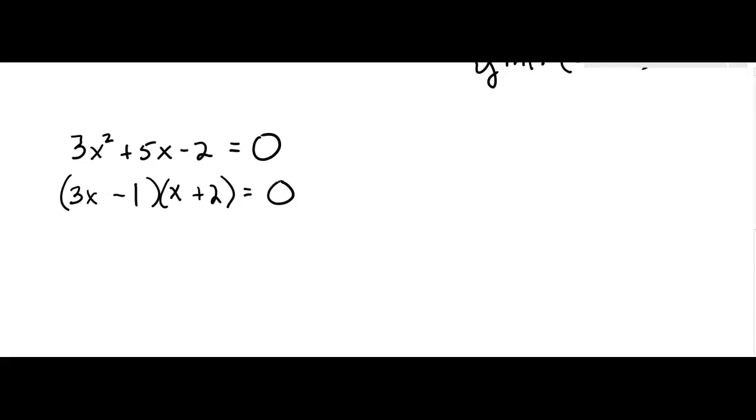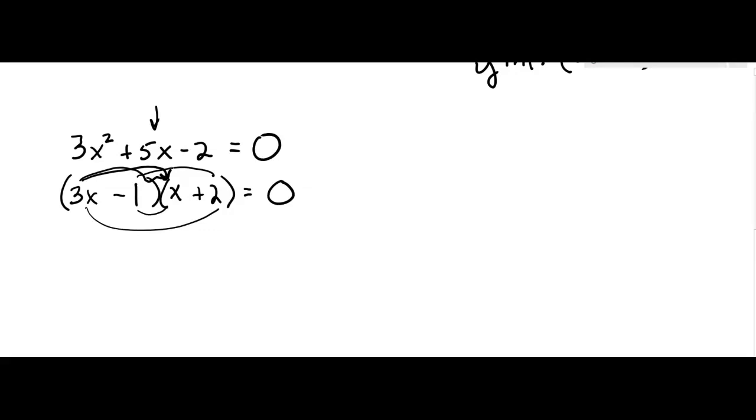Okay, so just checking, this is a 6x, this is a minus 1x, and that gets me the middle term, 5x, and the negative 1 times 2 is negative 2, and 3x times x is 3x squared. Okay, so it all works out, and this is how it factors.